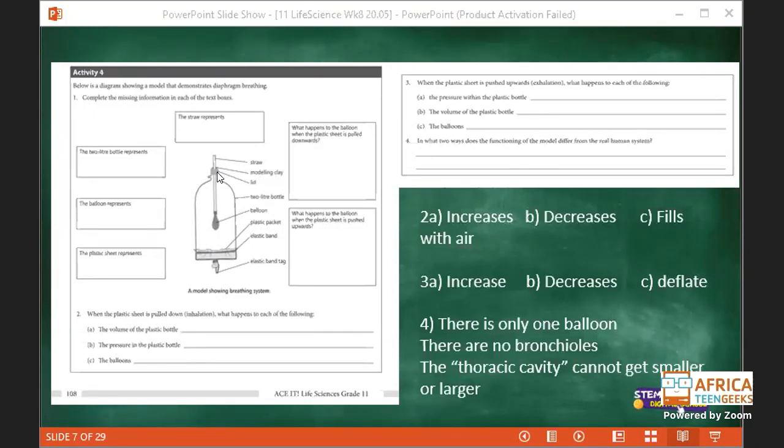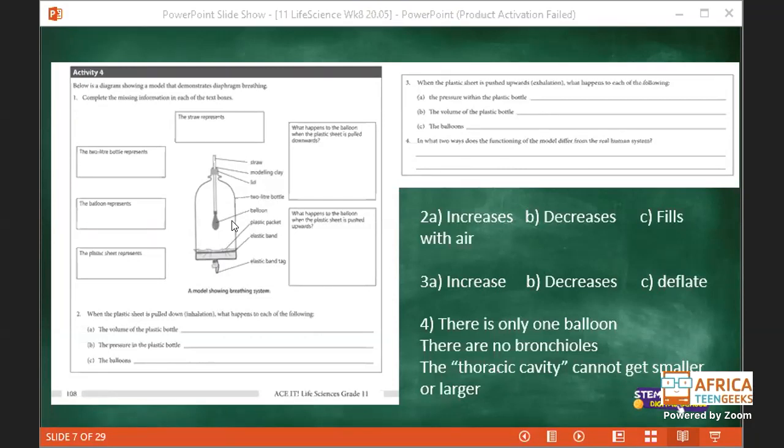The bronchus further expands into bronchioles, and the bronchioles have alveoli on them, which are called air sacs. But those things are not present in the model that we built, and that is why we say it differs from the real human system. It has limitations. And the other thing is that the thoracic cavity cannot get smaller or larger.